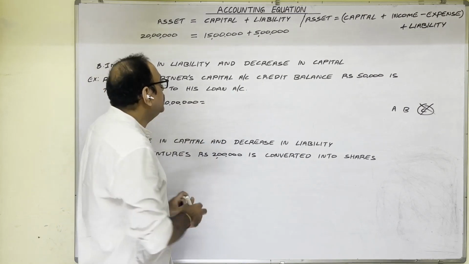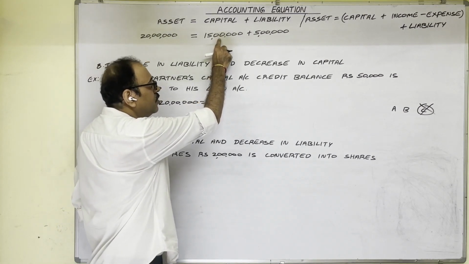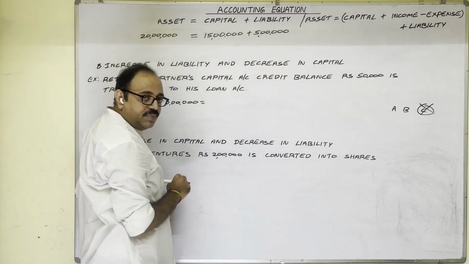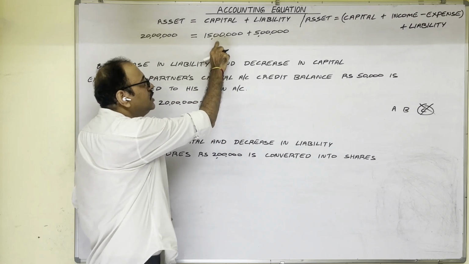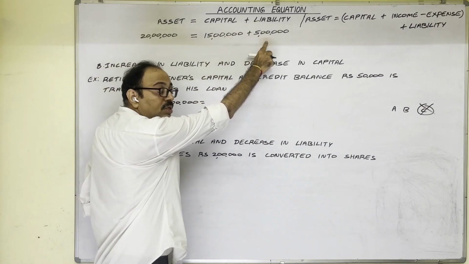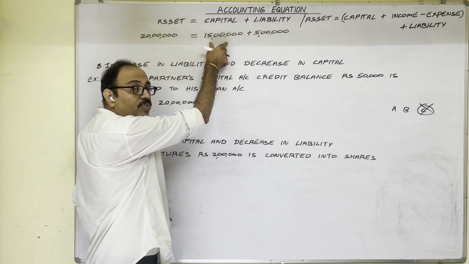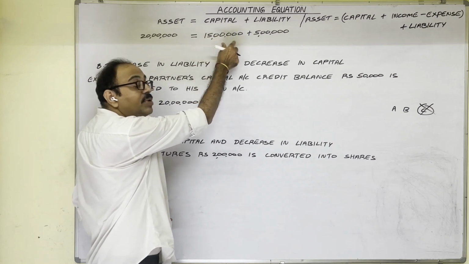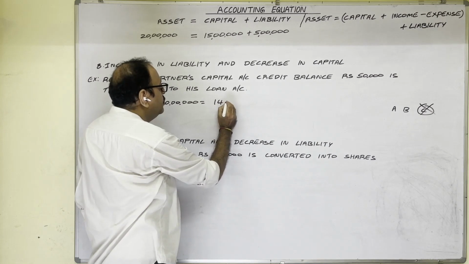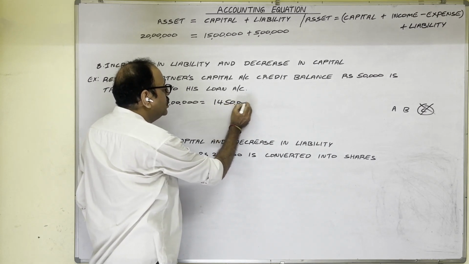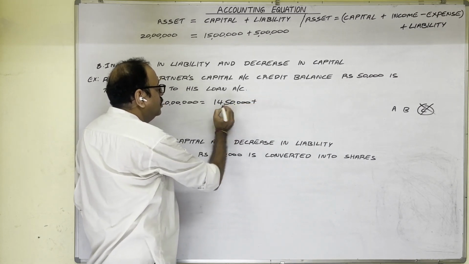Means in this 15 lakh rupees, 50,000 is also there. And now existing partners are transferring this capital into the loan account. Then from 15 lakh rupees, 50,000 will be subtracted. So the remaining capital amount is 14 lakh 50,000.